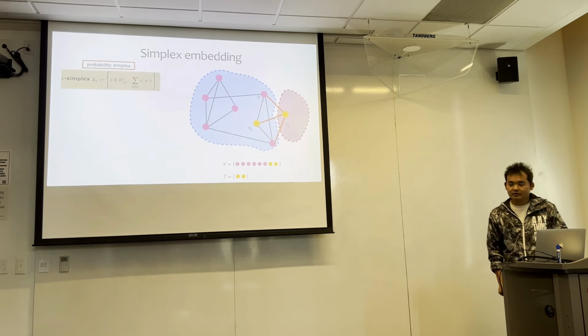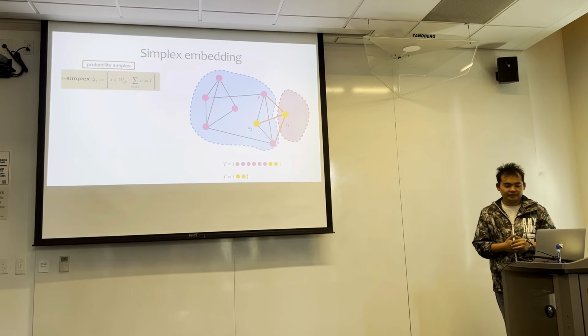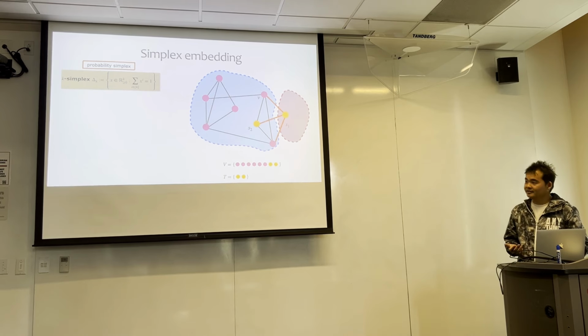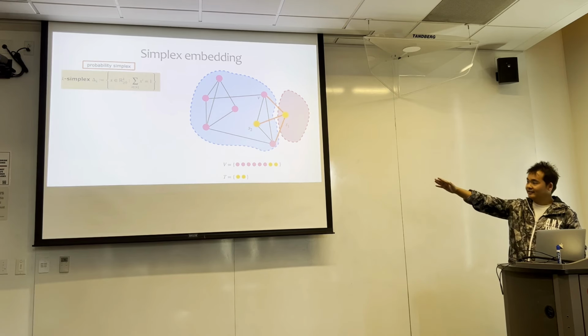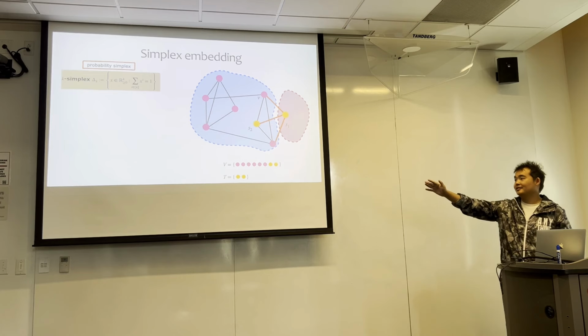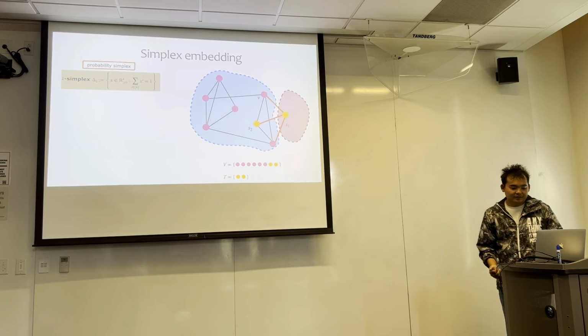Okay, so to overcome both issues, we follow a very well-known construction that formalizes the multiway cut problem as a task of simplex embedding. We consider the simplex Delta k, which includes all k-dimensional non-negative vectors whose L1 norm is 1. So this is basically a probability simplex.